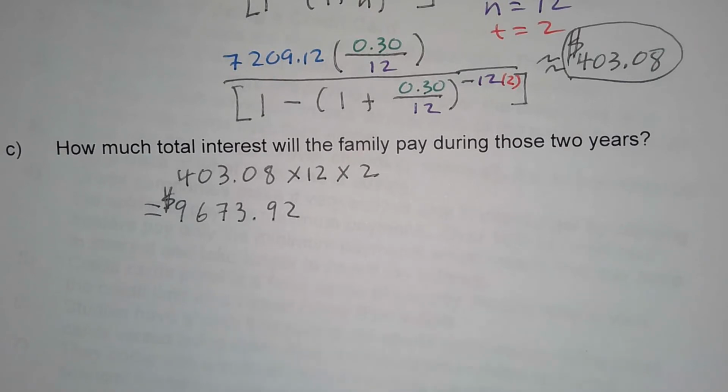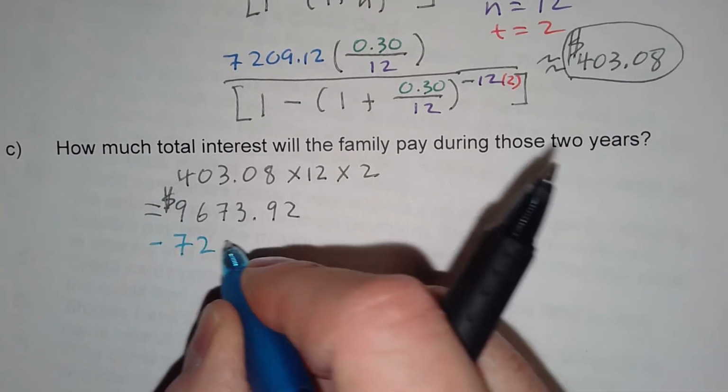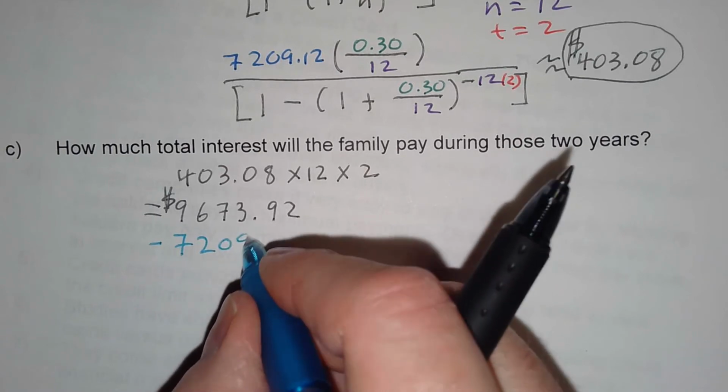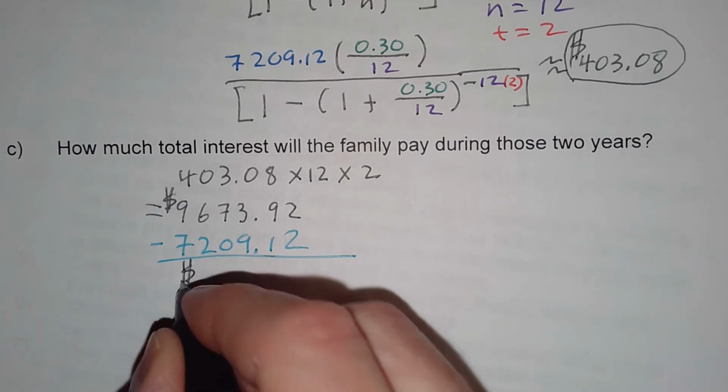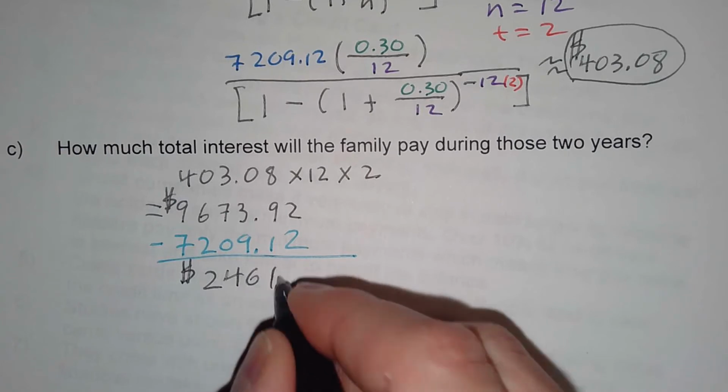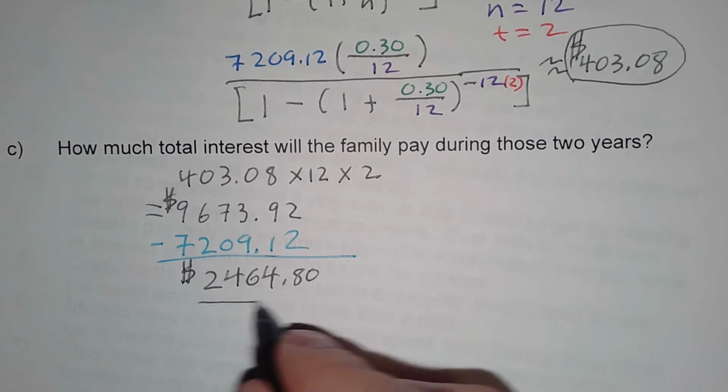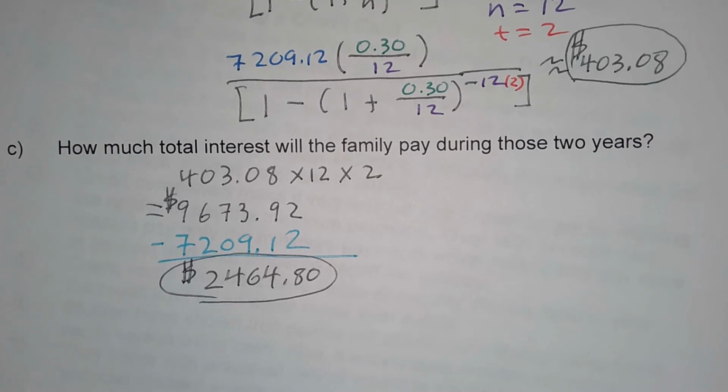And then the principal at this point was $7,209.12. So we're going to subtract that off. So the amount of interest would be $2,464.80. And that's how much you'd be paying in interest. Of course, that does not include the interest that was paid previously. That's just from this point where they decided to stop using credit cards and to pay the thing off.